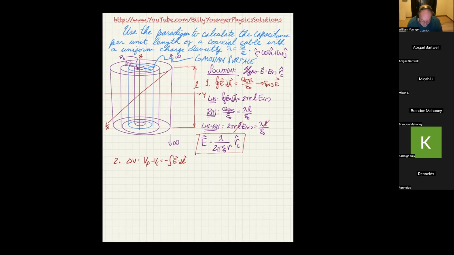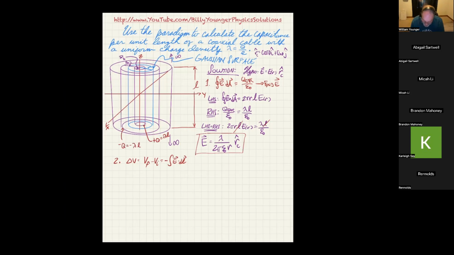I am going to integrate because I'm assuming the inside has a charge of plus Q, and the outer plate has minus Q, which is equal to negative lambda L.